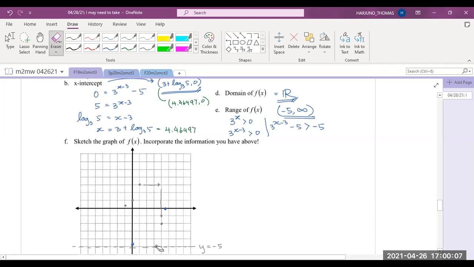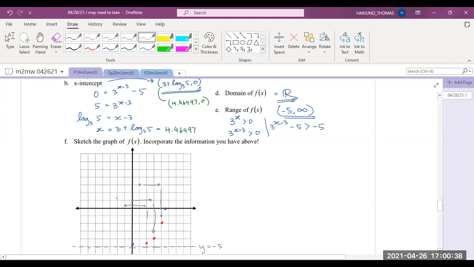It will be here later on. And then this guy, 3 units to the right, 5 units down will be here. 3 units to the right, 5 units down, it will be here.